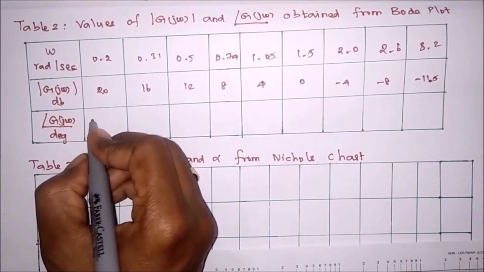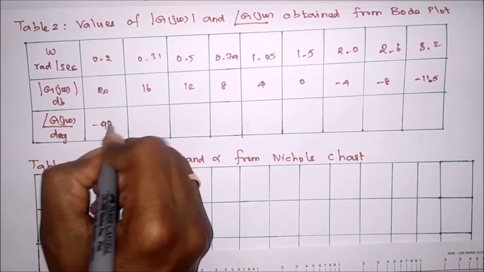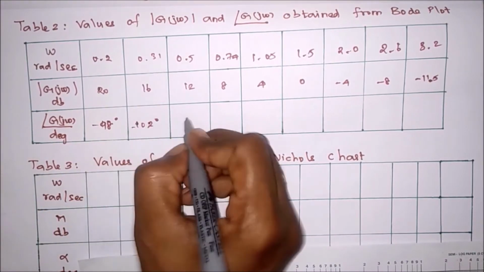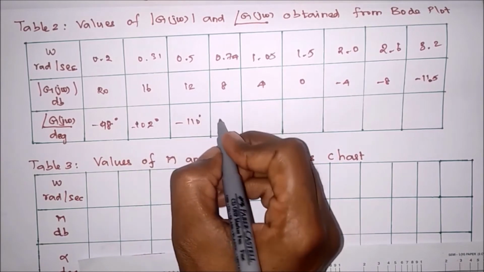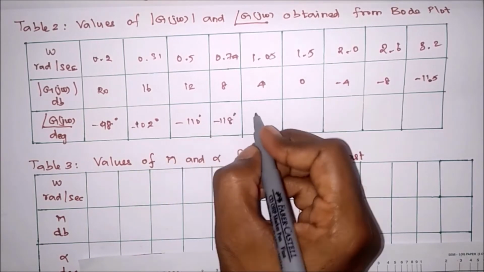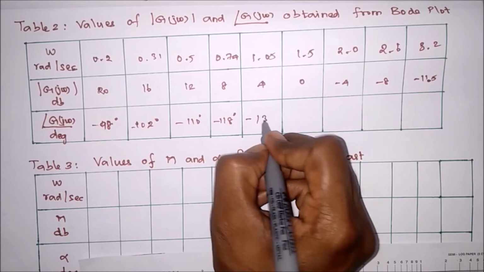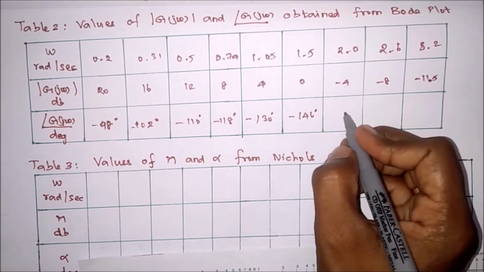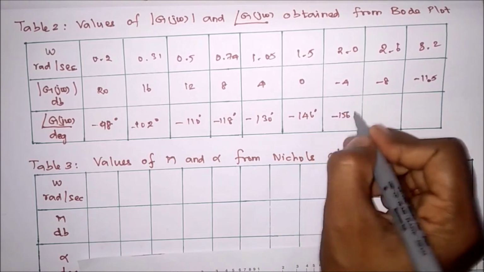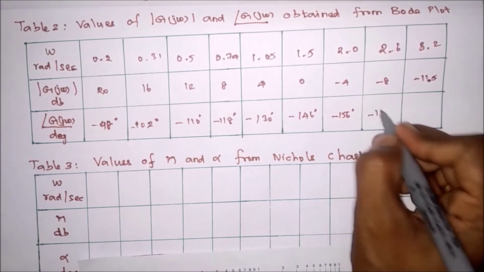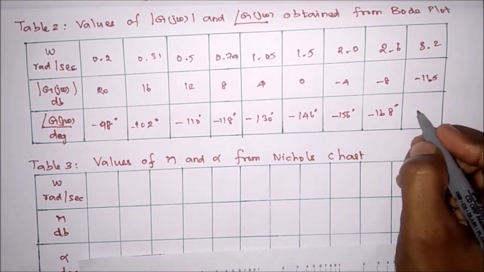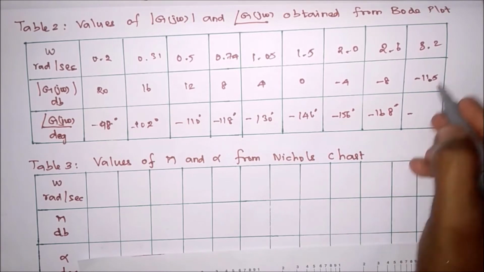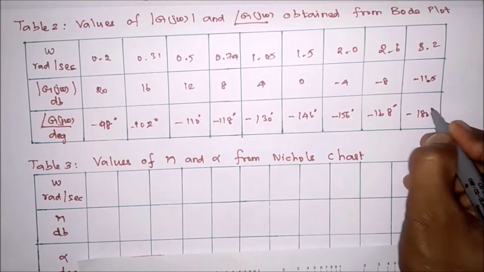If we find, we will get minus 98 degrees, then minus 102 degrees, minus 110 degrees, minus 118 degrees, minus 130 degrees, then for 0 minus 146 degrees, then for minus 4 we will get minus 156 degrees, then for minus 8 we will get minus 168 degrees, then for minus 11.5, for 3.2 we will get minus 180 degrees.